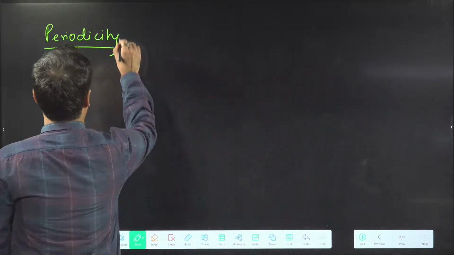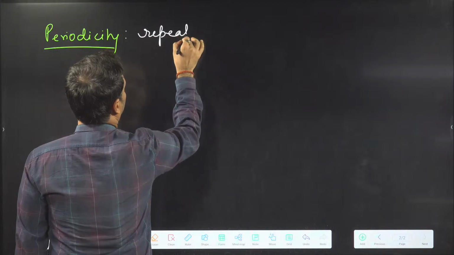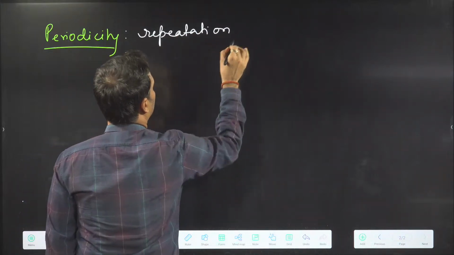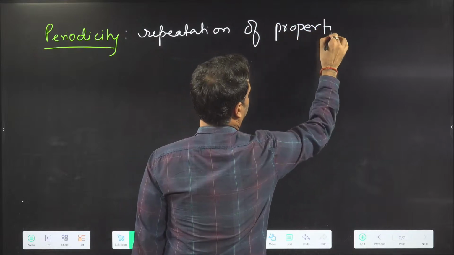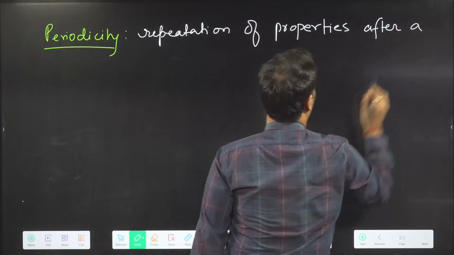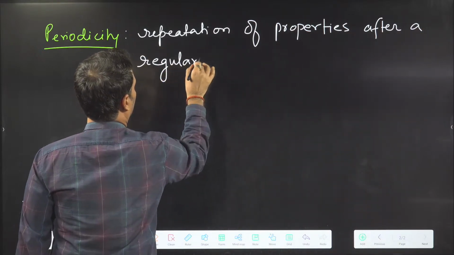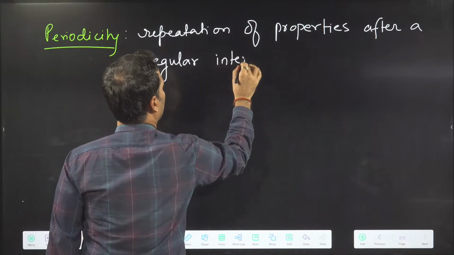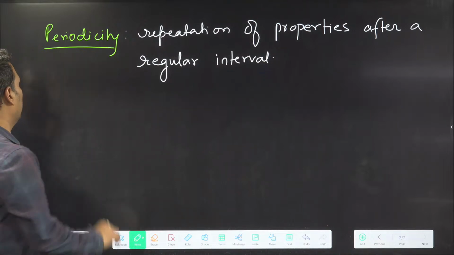So we can simply say, periodicity is repetition of properties after a regular interval.